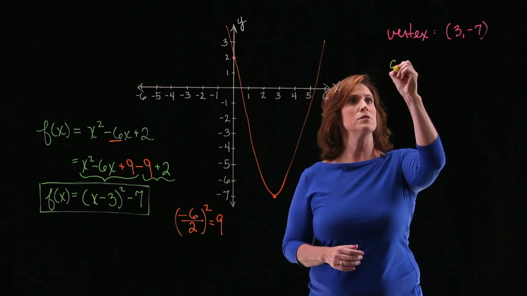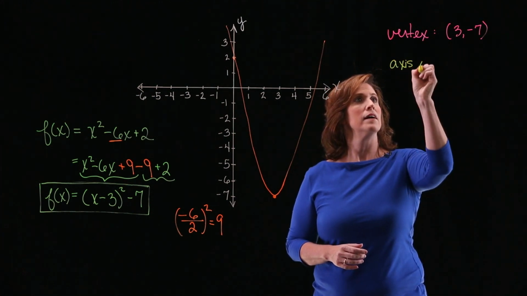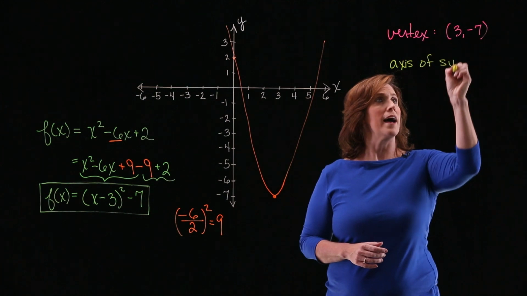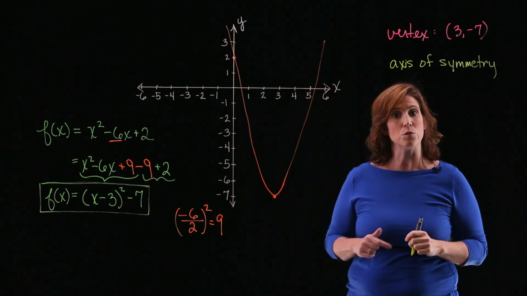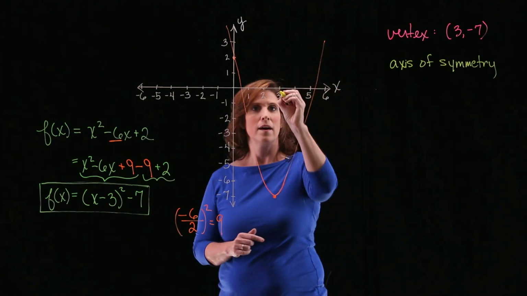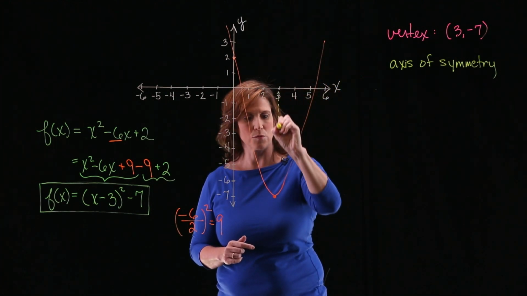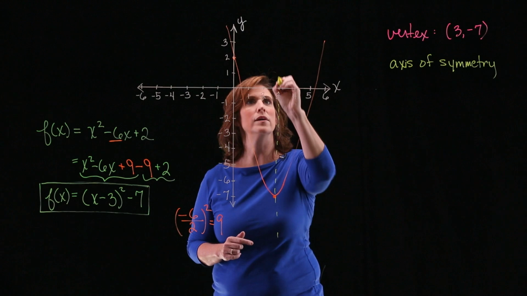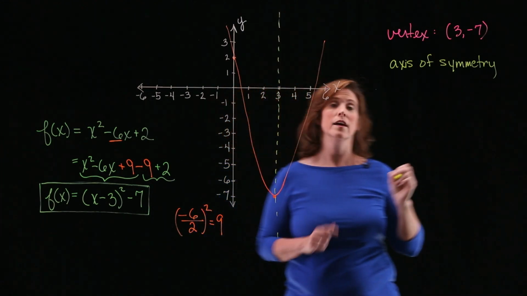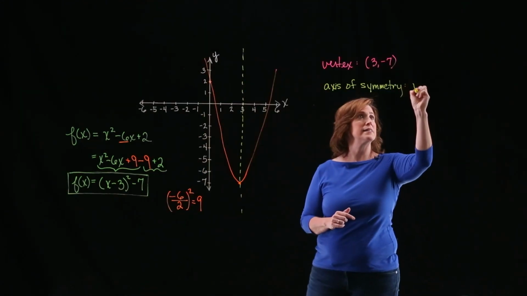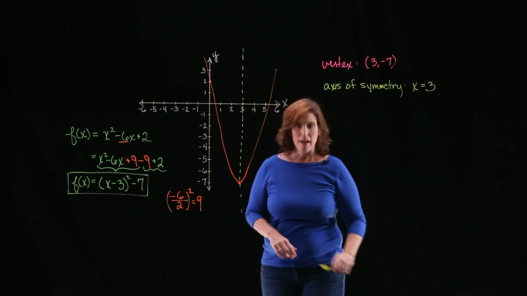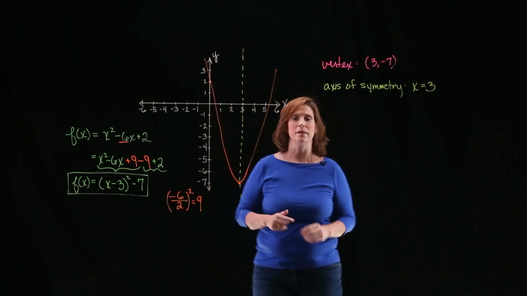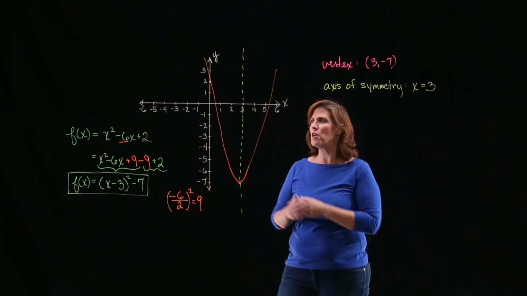The axis of symmetry is a vertical line that passes through the vertex. So my vertical line that passes through my vertex is going to be right at 3. So my axis of symmetry is the line x equals 3.